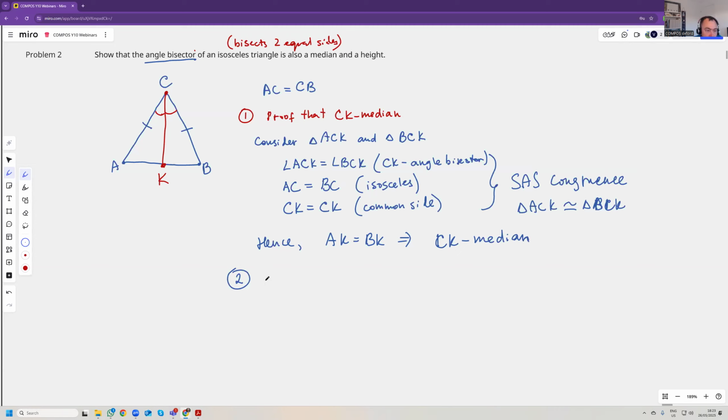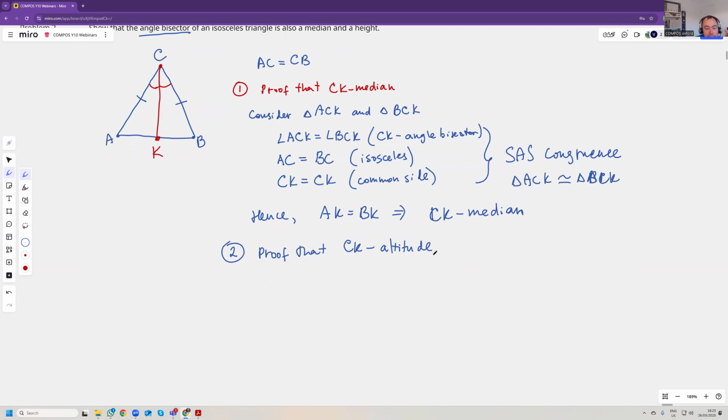2. Prove that CK is a height, or an altitude. Well, because we know AKB is a straight line, so angle AKB is 180 degrees because it's a straight line.